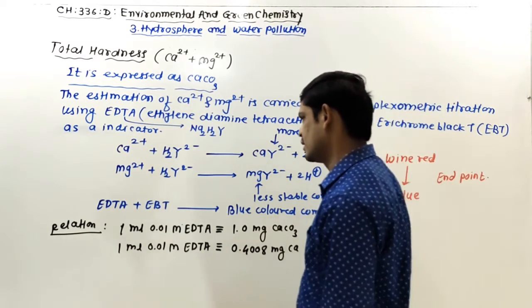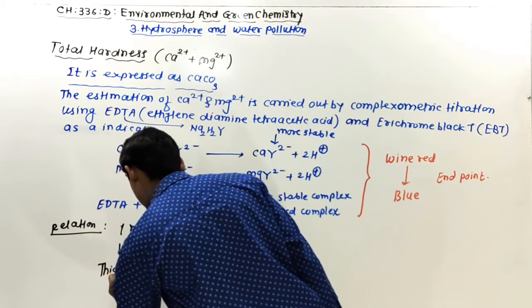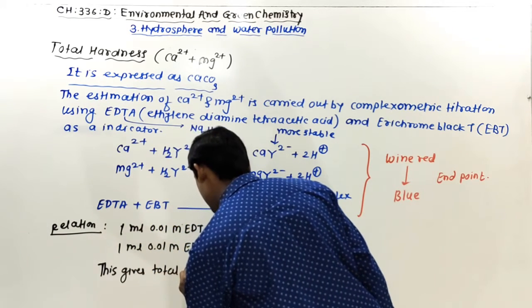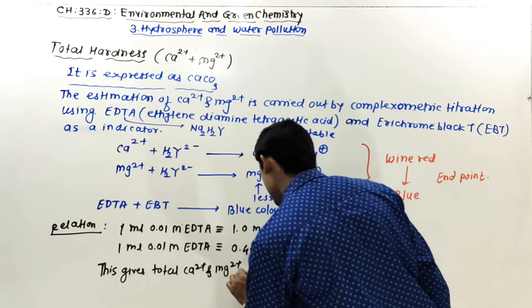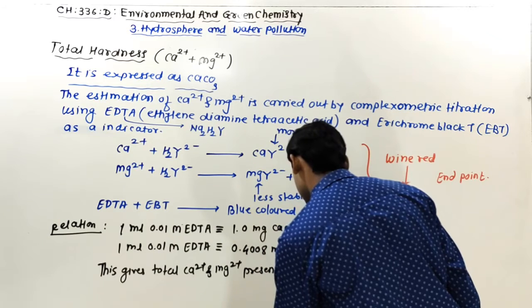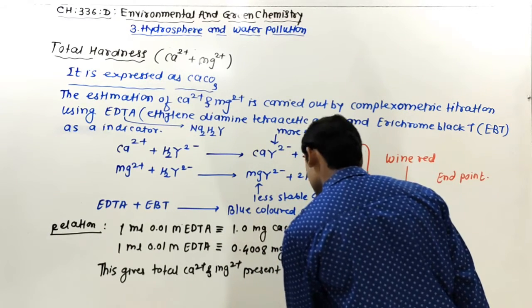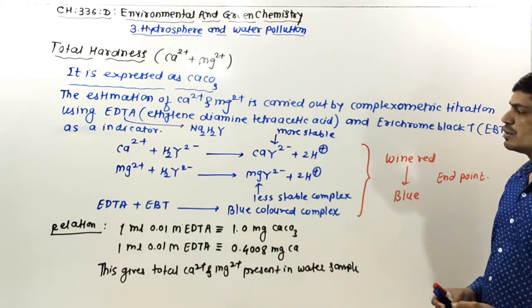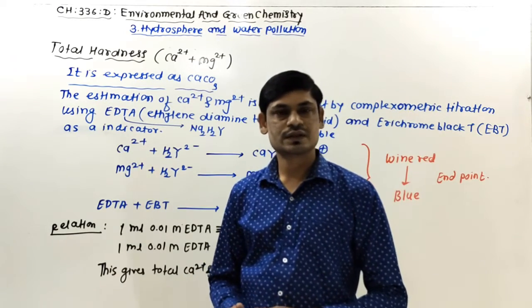In this way, we will get the total Ca2+ and Mg2+ present in the water sample. So student, it was an account about the total hardness.